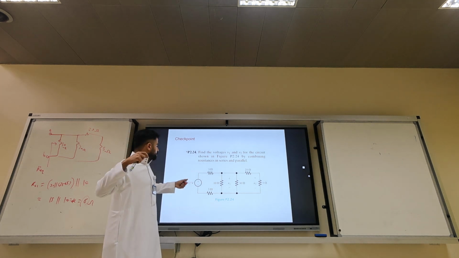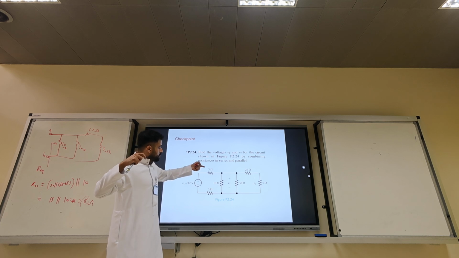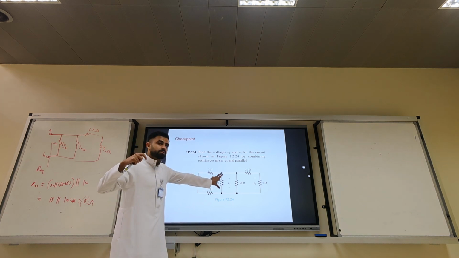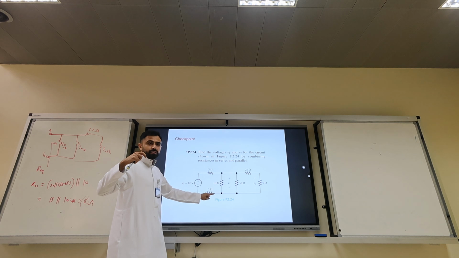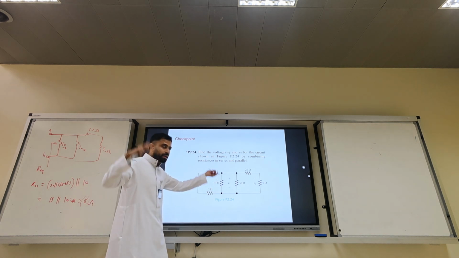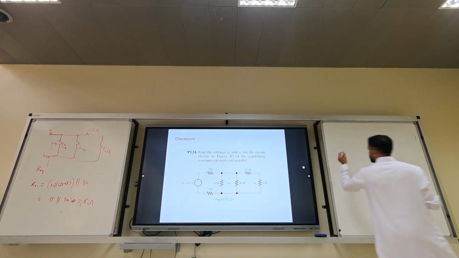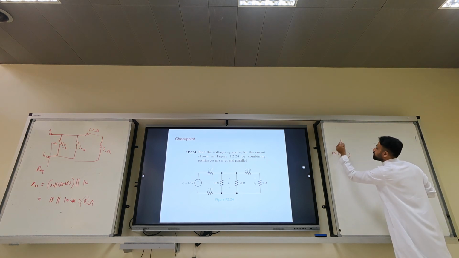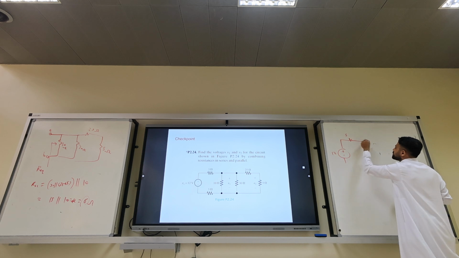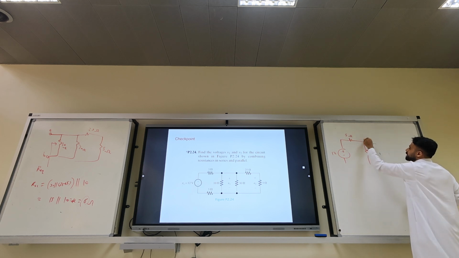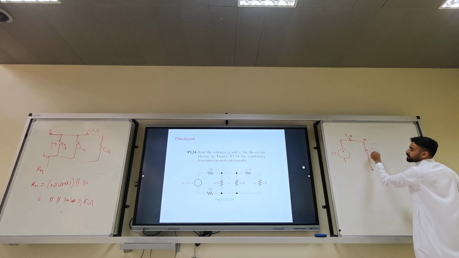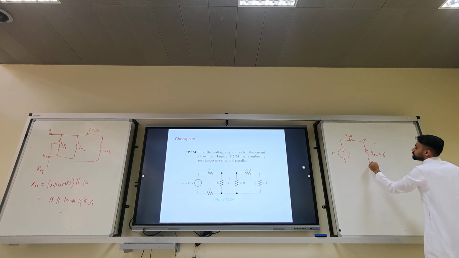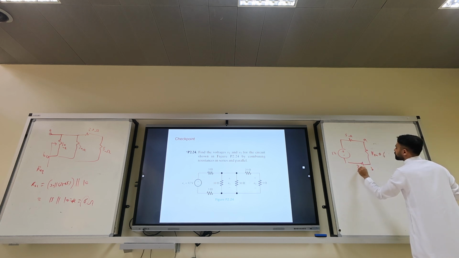Mentally, of the 12, half of it will appear here, the other half will appear here. So we expect this to be 6. But let's do VDR. So to do VDR, what we have here is 12, 3, and this is AB, R equivalent equal to 6, 3.